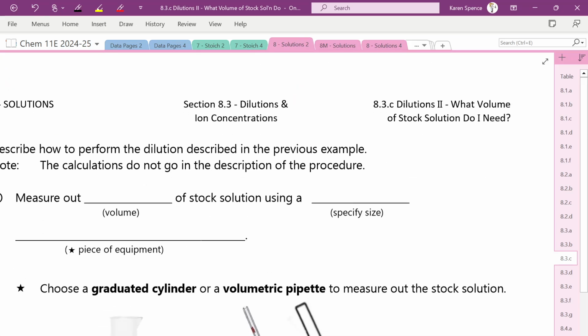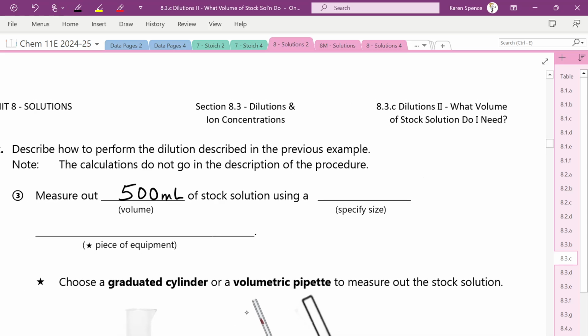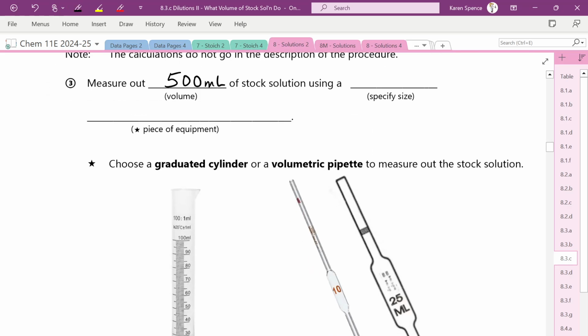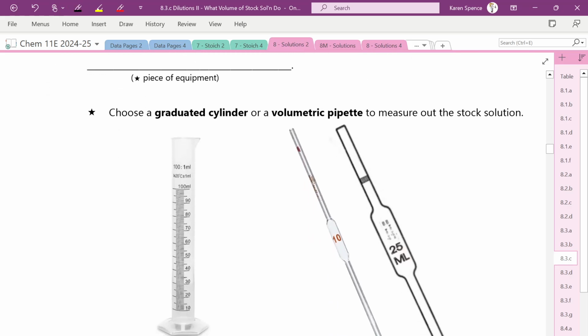500 milliliters. And we're going to use a specific size of a piece of equipment. For this piece of equipment, you are going to choose either a graduated cylinder or a volumetric pipette.